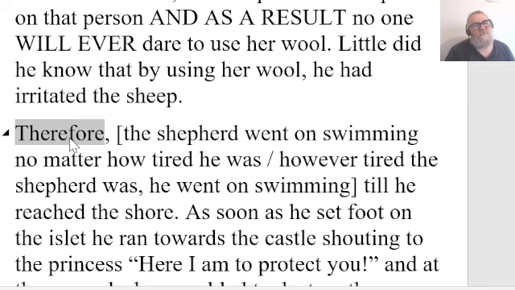Therefore the shepherd went on swimming no matter how. Therefore, as a result of the princess being there. I'm tempted just to say so. Yeah, I guess therefore would work, as a result of the princess's cries.